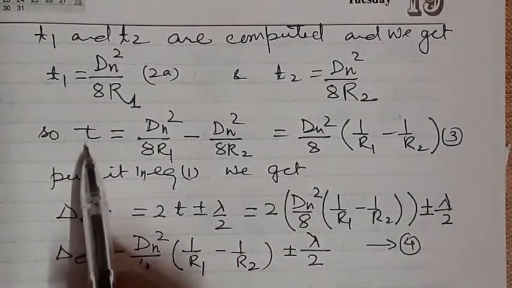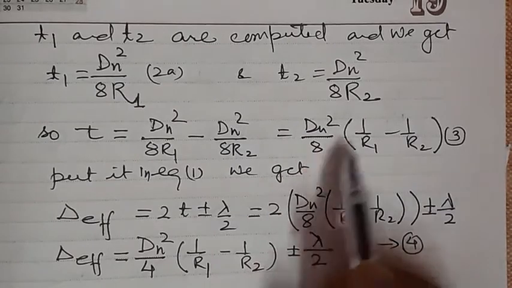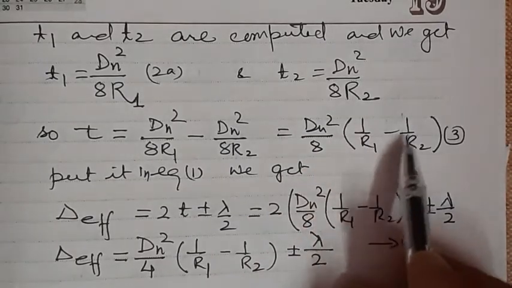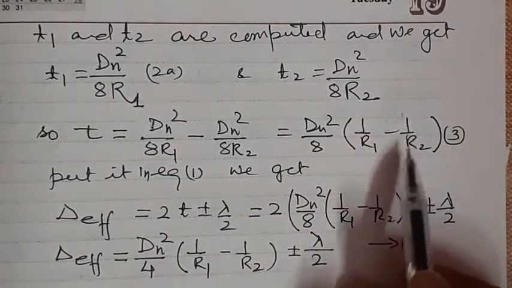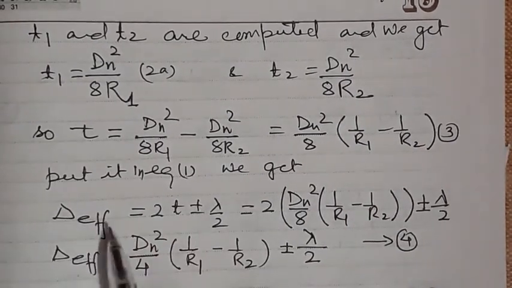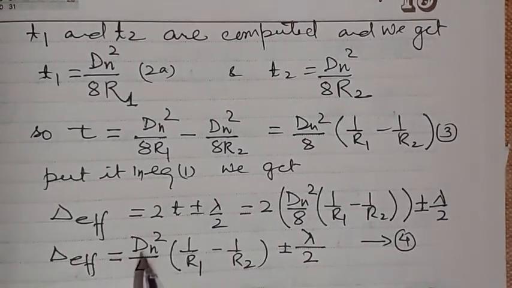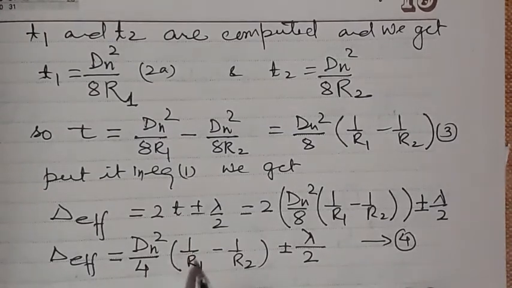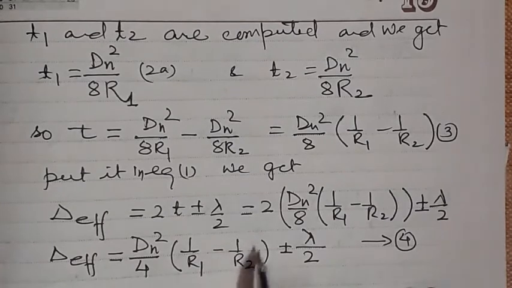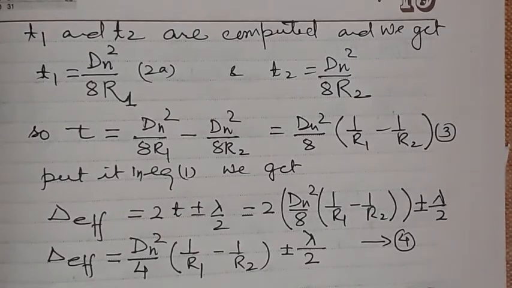So the value of T equals Dn square over 8 times (1 by R1 minus 1 by R2). Putting equation 3 into equation 1, we get delta effective equal to Dn square over 4 times (1 by R1 minus 1 by R2) plus or minus lambda by 2. This is equation 4.